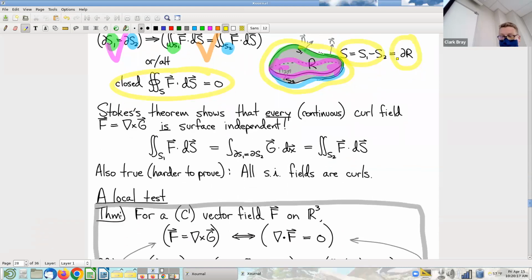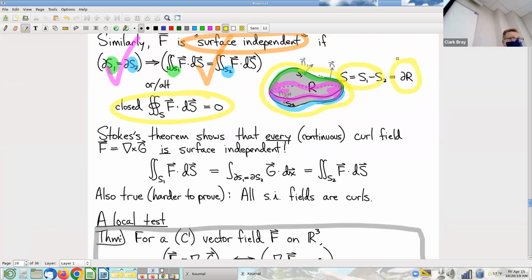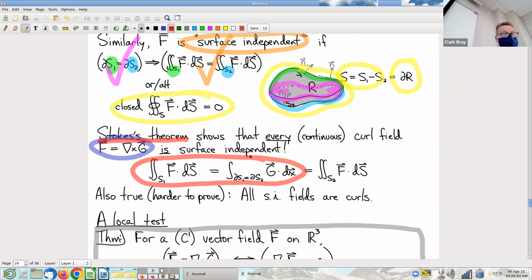So just like now, y'all will recall with path independence, we used the fundamental theorem of line integrals to argue that every gradient was path independent. I'm going to argue here now that every curl is surface independent, and I'm going to argue that with Stokes's theorem. Stokes's theorem says that I can evaluate fluxes with a line integral around the boundary.